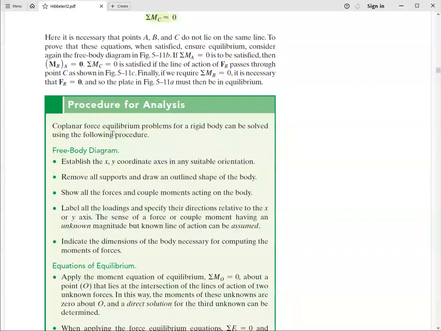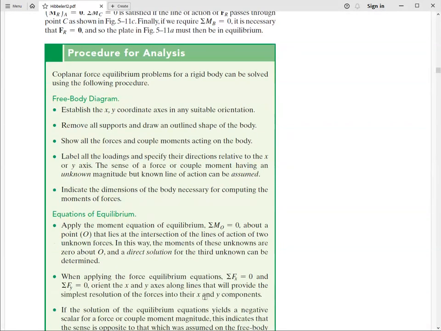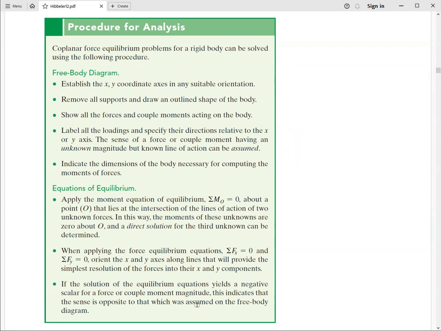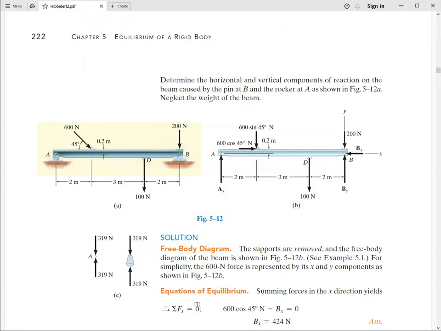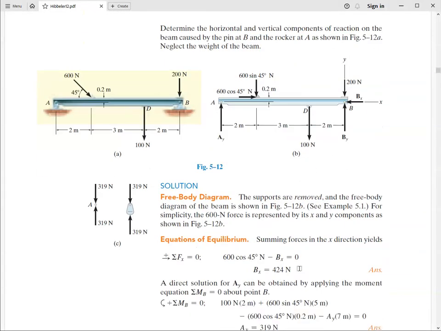All right, so as part of the analysis, we need to choose a reference frame and assume some orientation for the unknown forces or moments, and if they end up negative, we need to reorient them on the diagram.